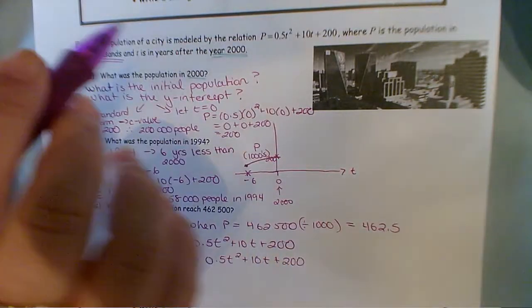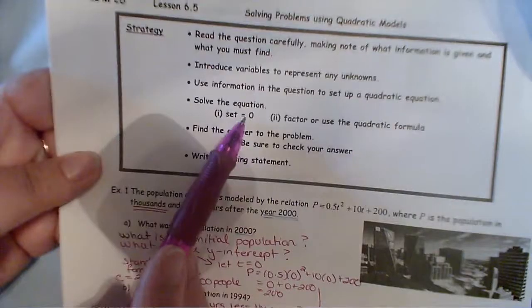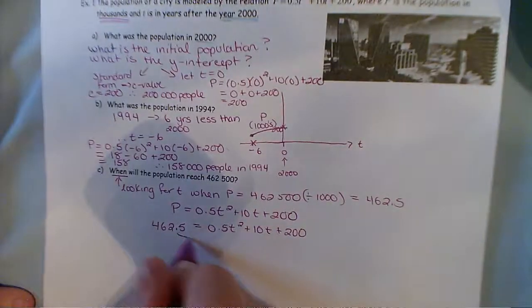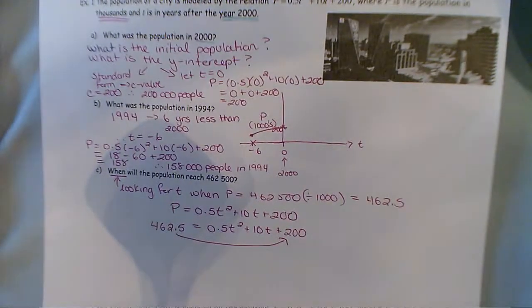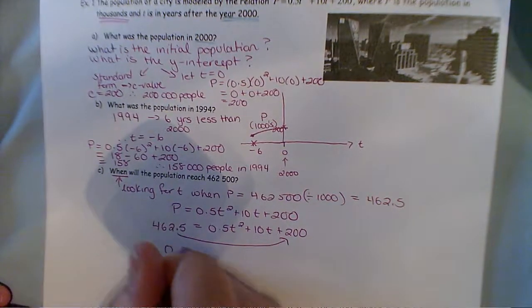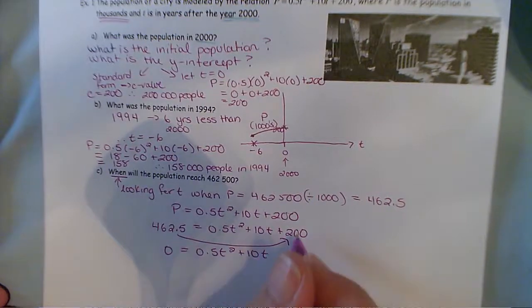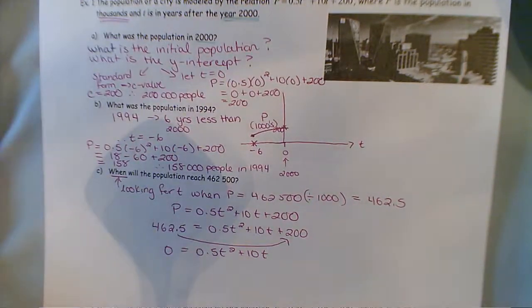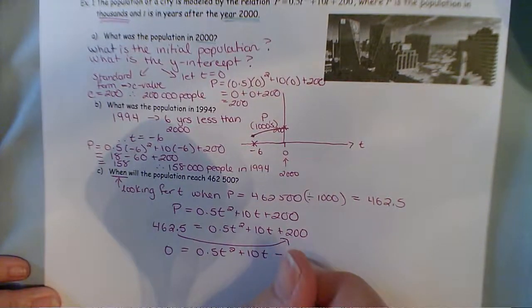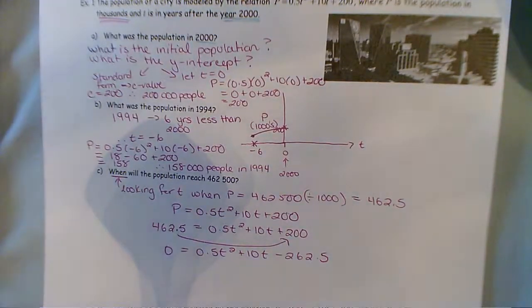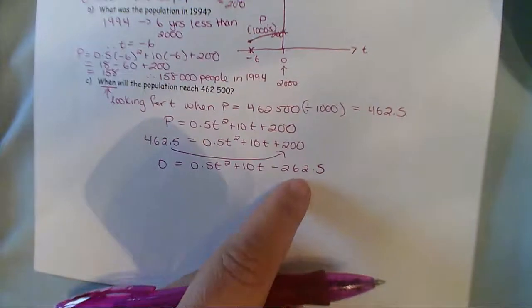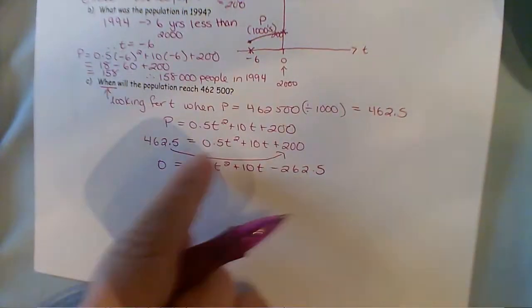But remember, we always have to get 0 on one side of the equal sign. So the way we do that is we bring this 462.5 over to put a big fat 0 here, and we collect like terms. So 200 minus 462.5 is -262.5. So now we have the 462.5 incorporated into this quadratic.